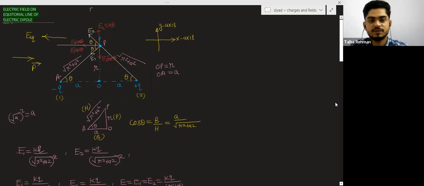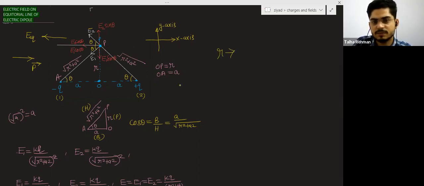This is the theta. There is a theta, there is a r, and I am writing here this small r is a distance between center of dipole and equatorial point.